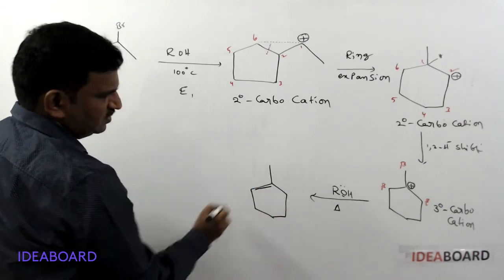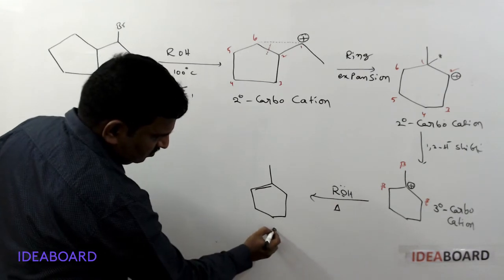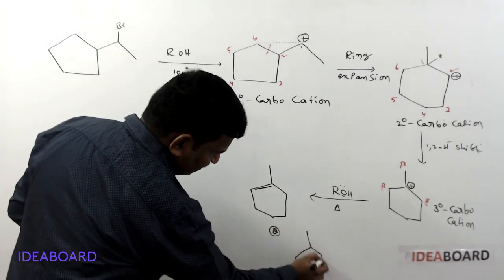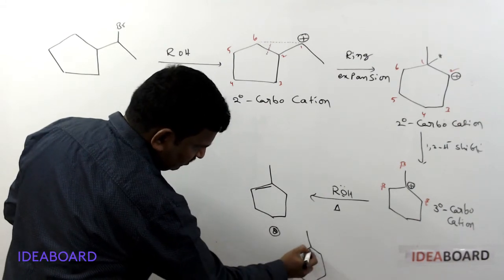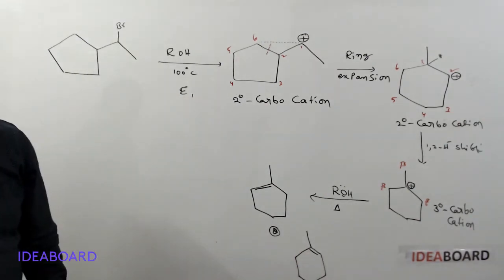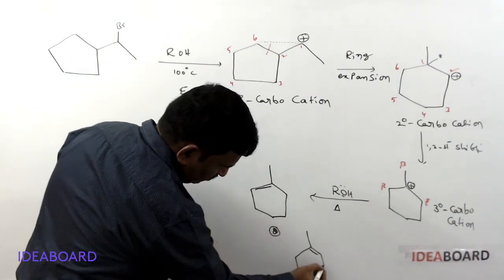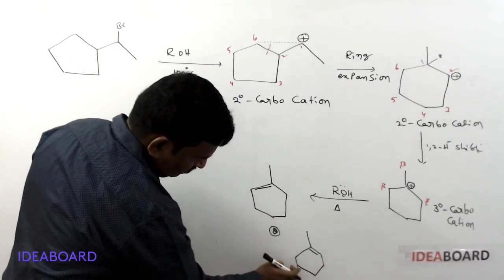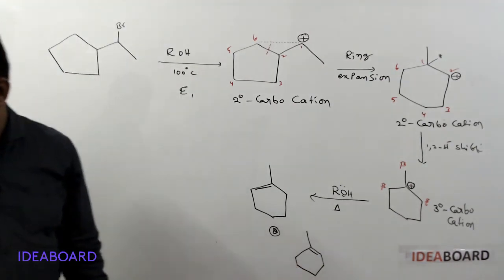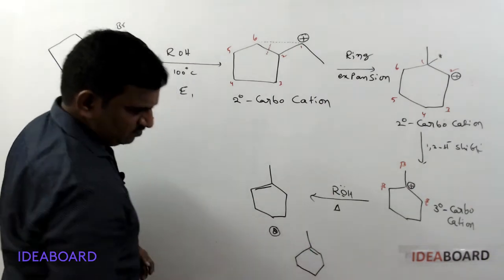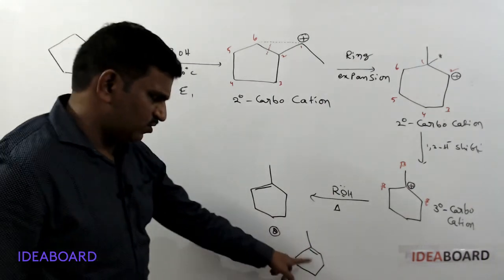Here you will get a double bond on this side, or I am writing the same product actually, but for our understanding I am writing this as the double bond. So both are the same only. Please remember, both are the same only.